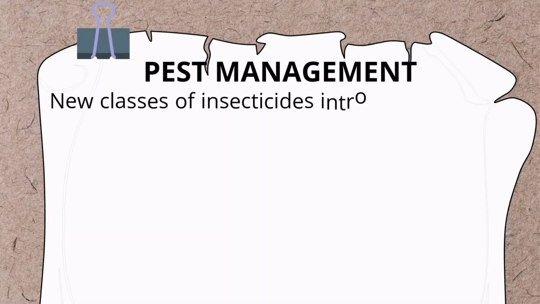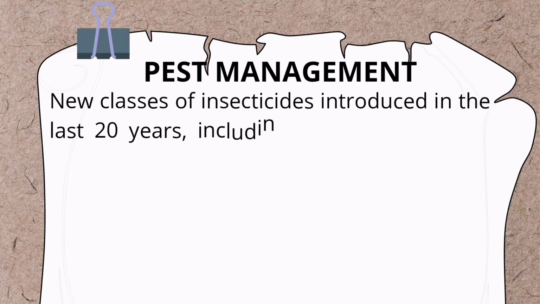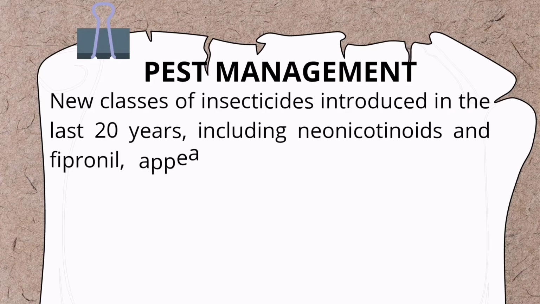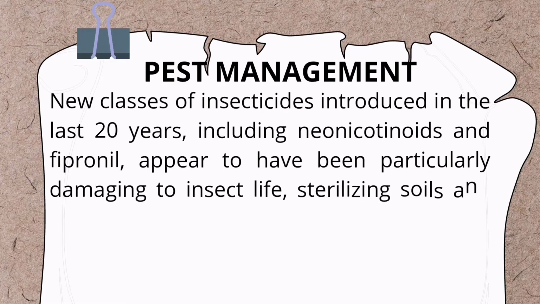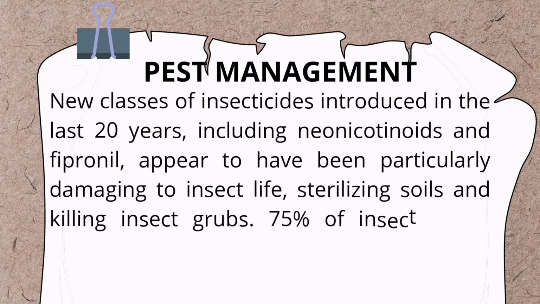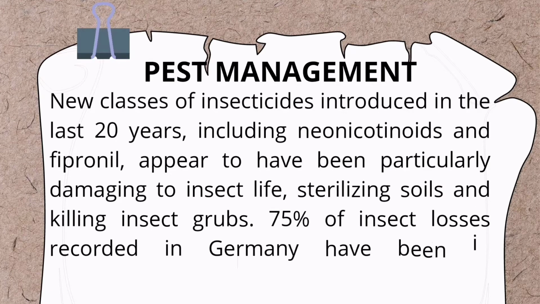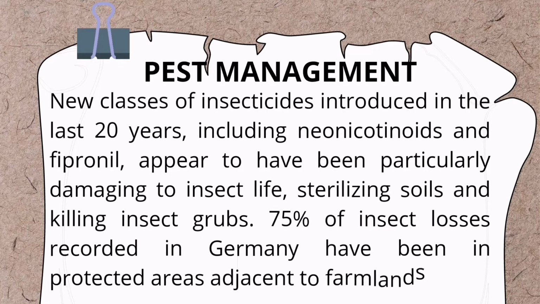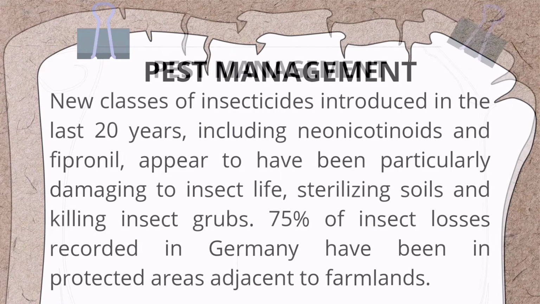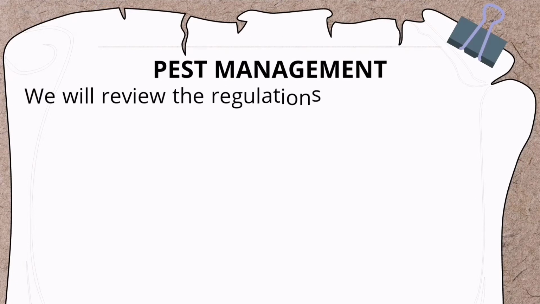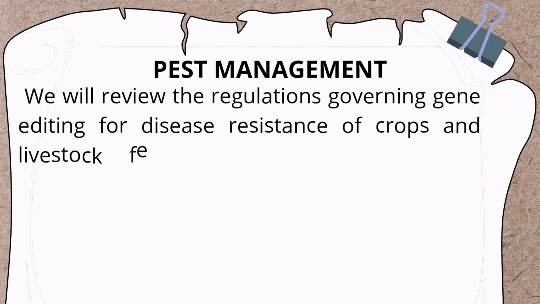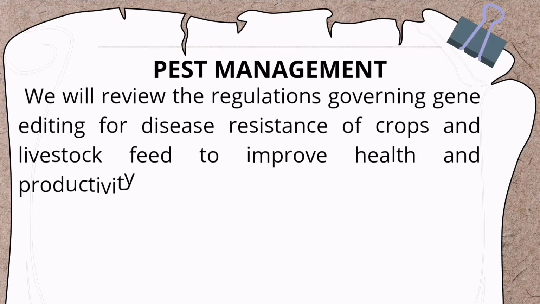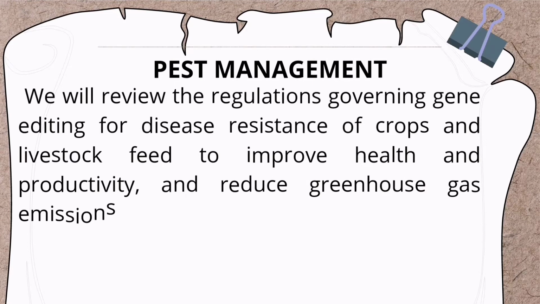New classes of insecticides introduced in the last 20 years, including neonicotinoids and fipronil, appear to have been particularly damaging to insect life, sterilizing soils and killing insect grubs. 75% of insect losses recorded in Germany have been in protected areas adjacent to farmlands. We will review the regulations governing gene editing for disease resistance of crops and livestock feed to improve health and productivity and reduce greenhouse gas emissions.